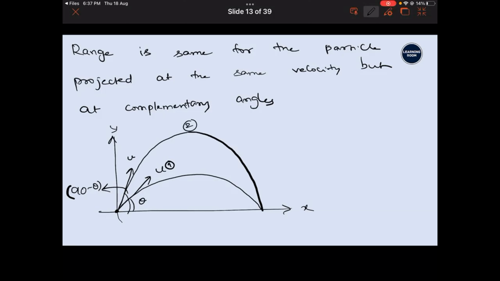Is that clear? Is it clear? But what is changing? If you see, the maximum height is changing.